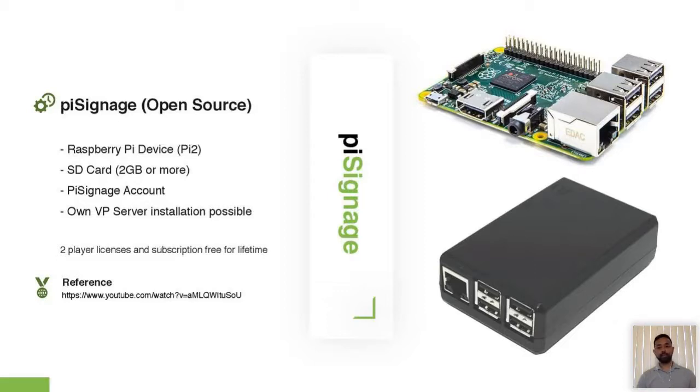Even some of the companies are providing these devices for free, and you need to pay the license fee for the whole year. And as I said before, you can install your own virtual private server and run using it.